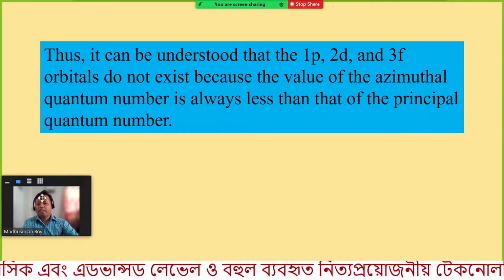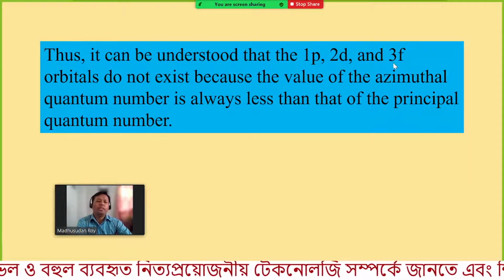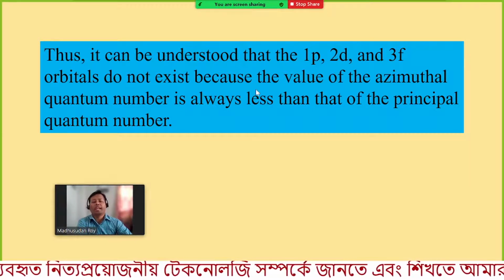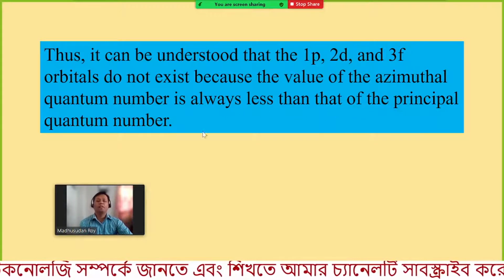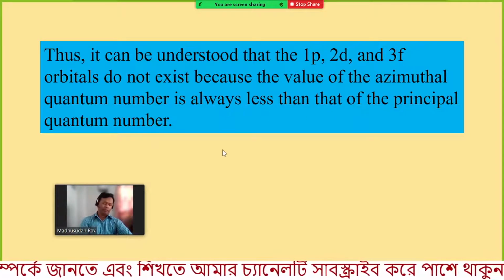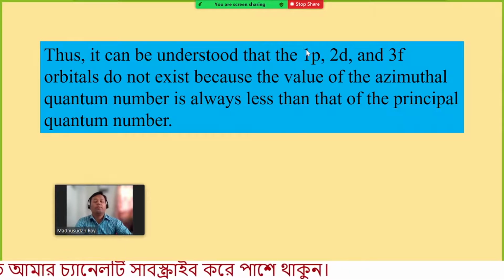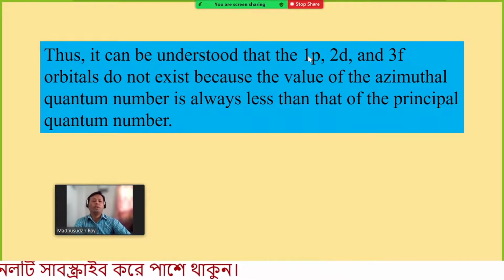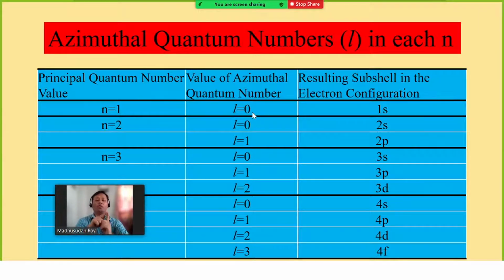Now thus it can be understood that the 1p, 2d and 3f orbitals do not exist because the value of the azimuthal quantum number is always less than that of the principal quantum number. If you try to find out whether 1p is possible or not, we know that the value of L will be just n minus 1.